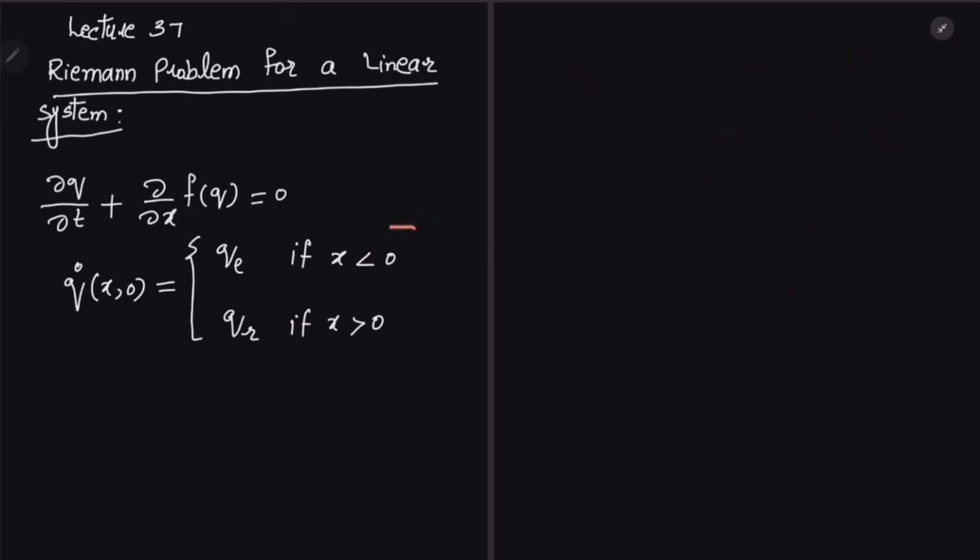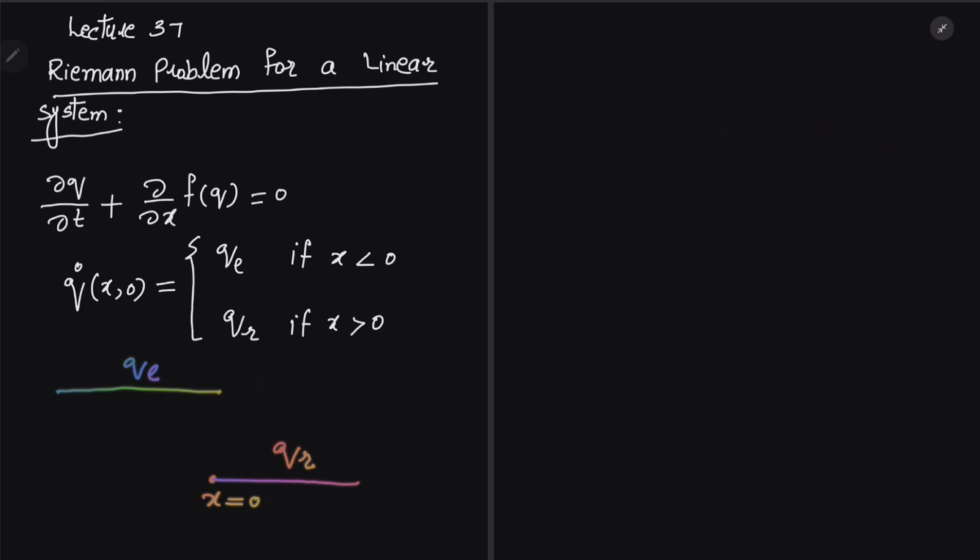This solution shows that there is a discontinuity. If I draw that over here, there is x equal to 0. On the left hand side I have q left, and on the right hand side I have q right.